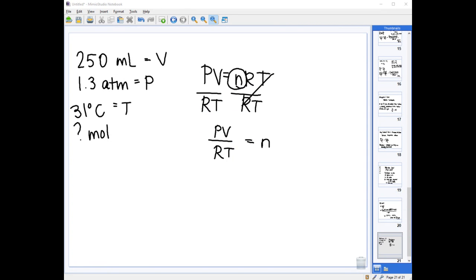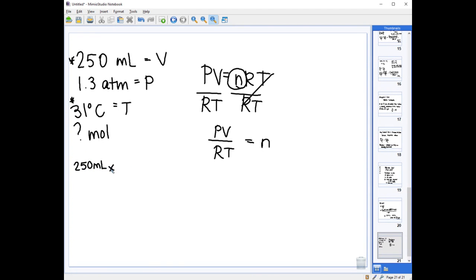What about pressure? Pressure's fine. It's in atmospheres, and that's what my unit has to be in. So pressure is fine. So I have to change my volume, and I have to change my temperature.